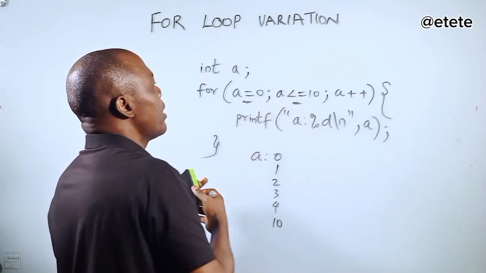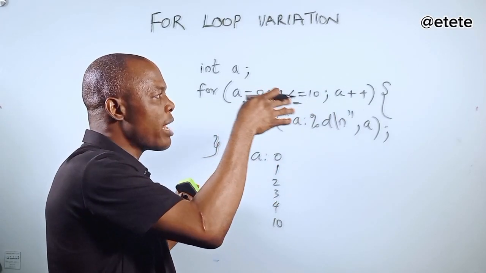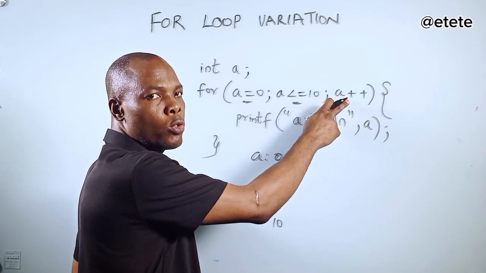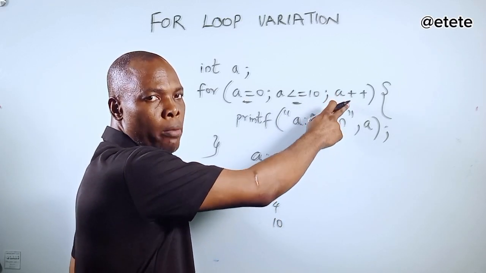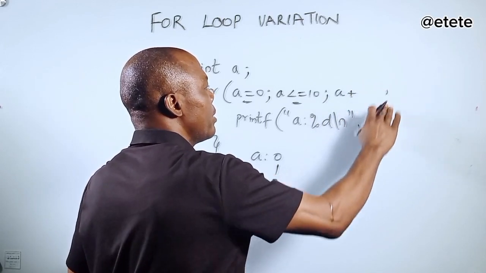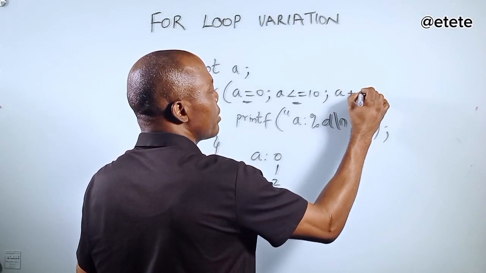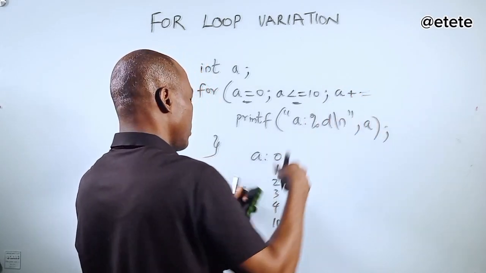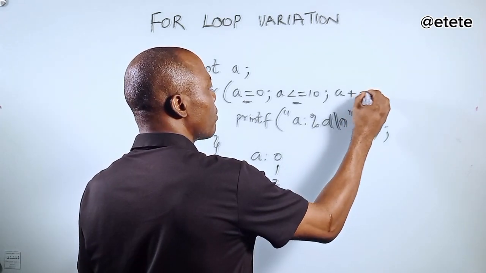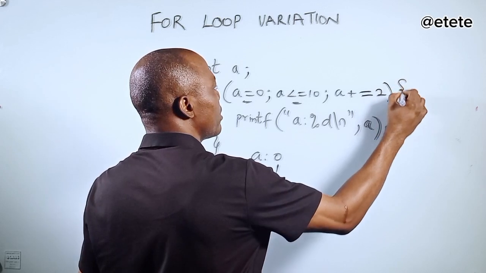That is one. Now, another variation is that this is not always going to be plus plus or minus minus. I can change this place. I can change this to 2, and then do this.